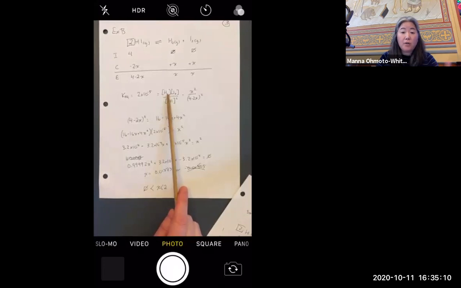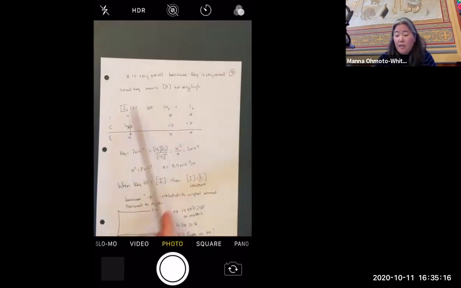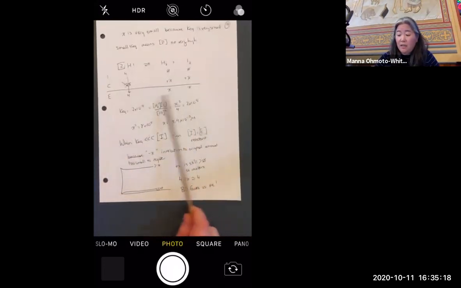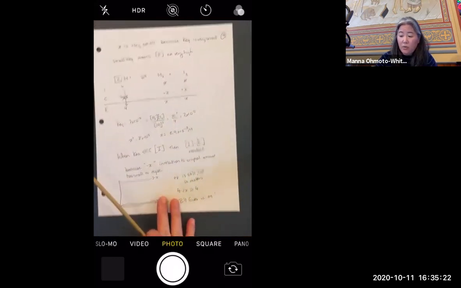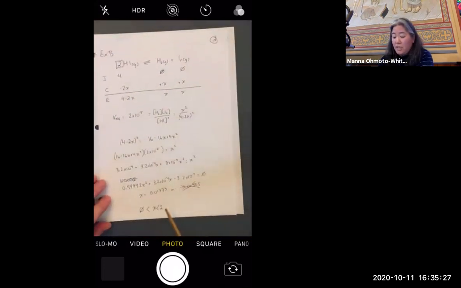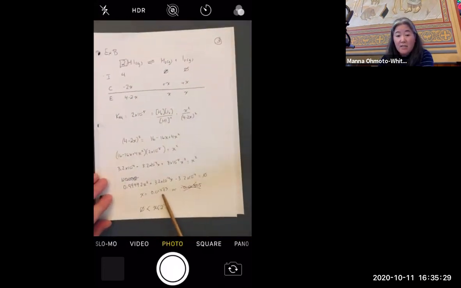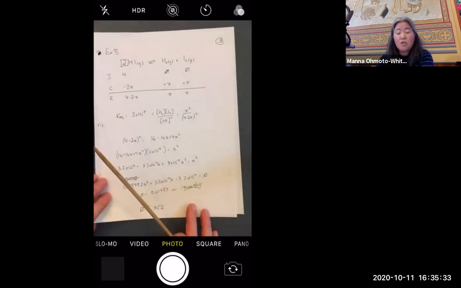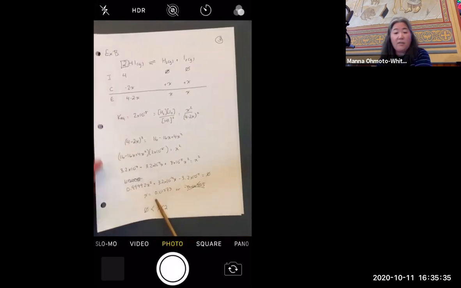My numerator are my products. So it makes sense that my x value is very small. And so if I plug this back in, then I find that my x value is 0.01773, and then my concentration from this would be 4 minus 2 times the quantity 0.01773.